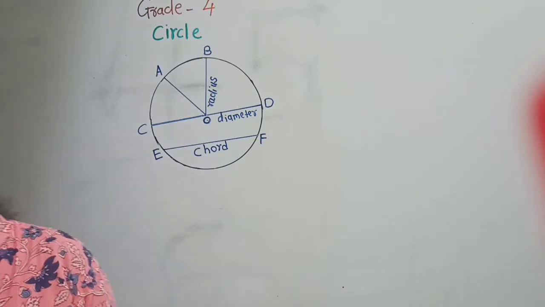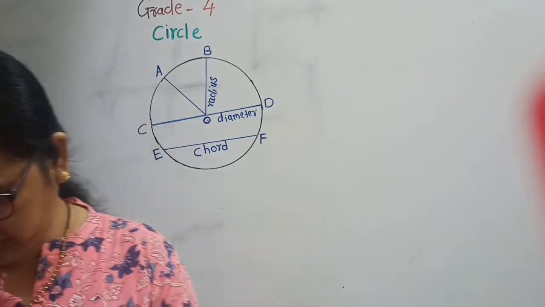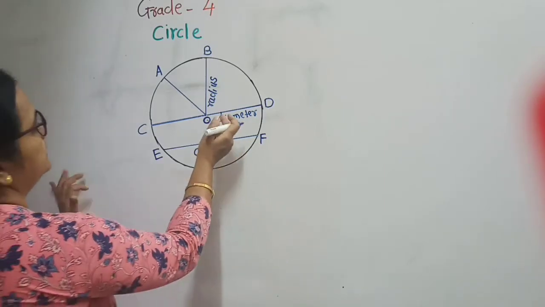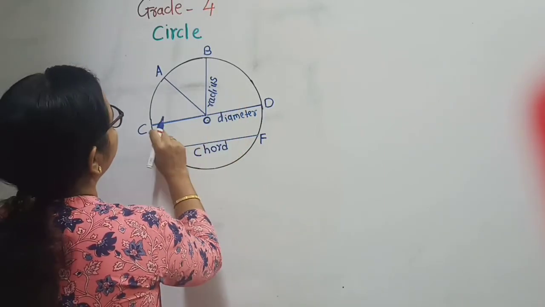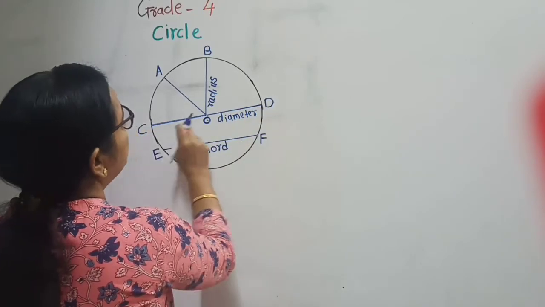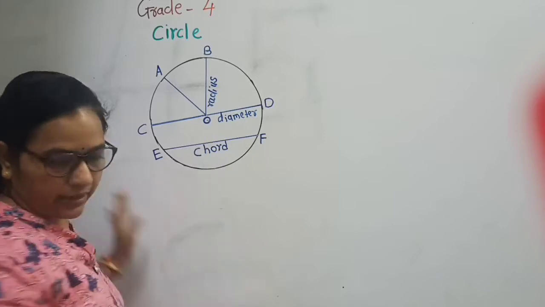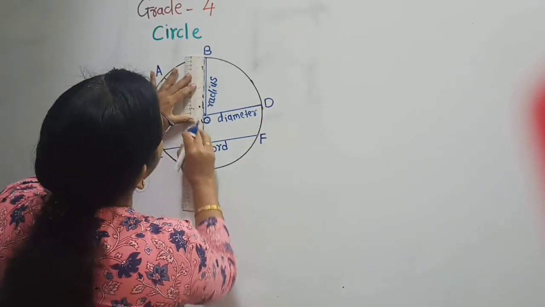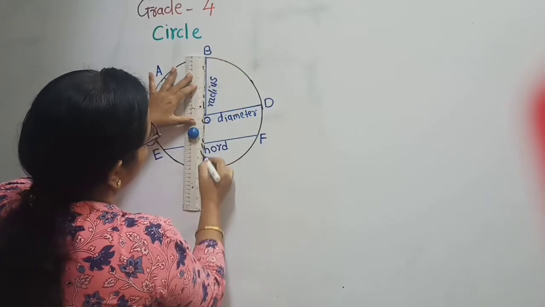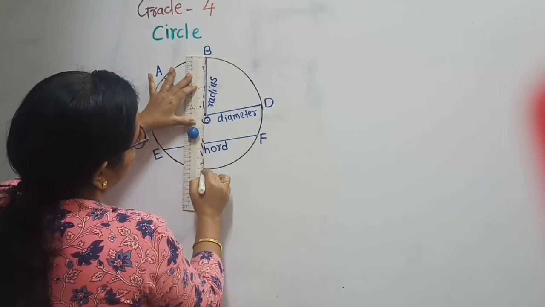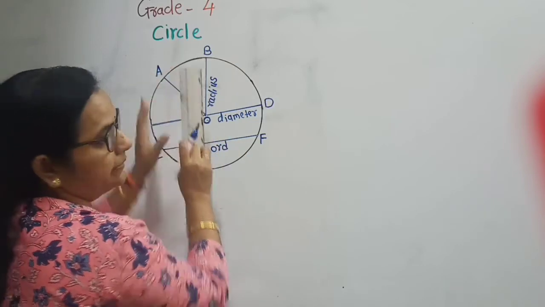Children, now radii and diameters. See here, you can make CD as a diameter. If we take any point and make a line through the center, it is also a diameter.